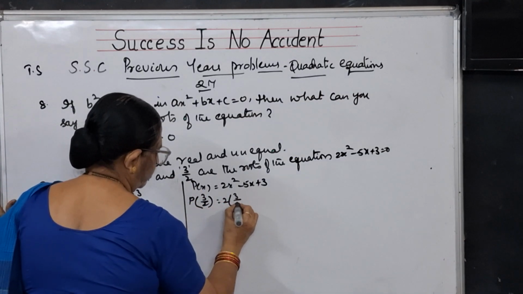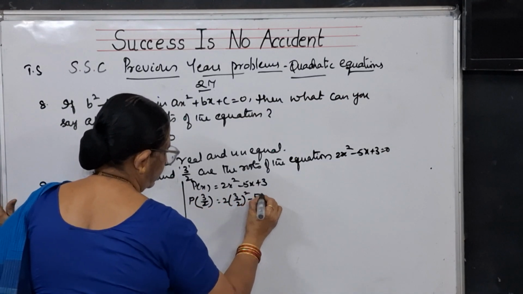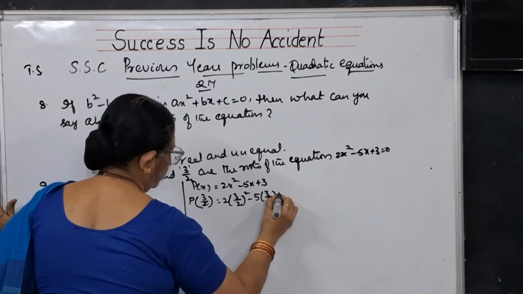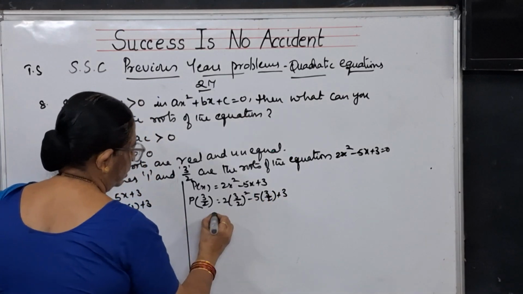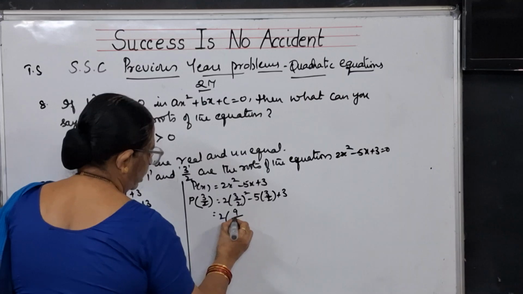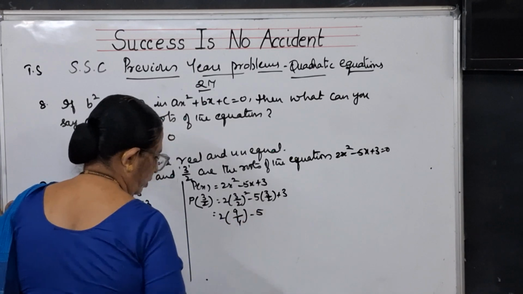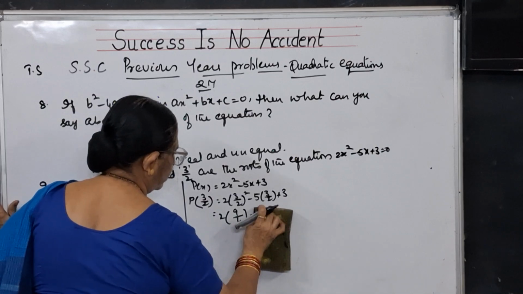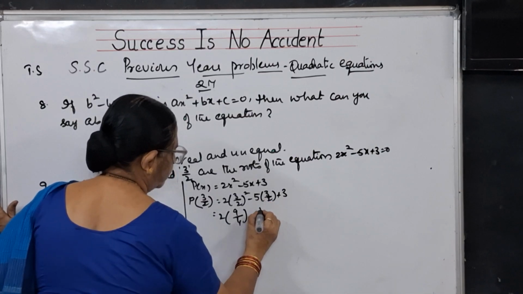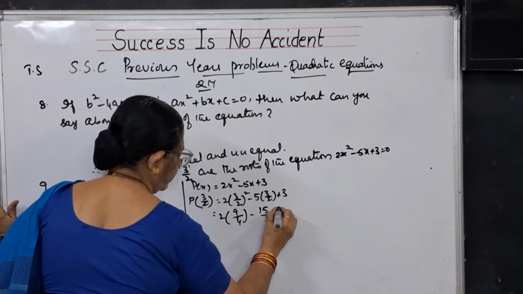So 2 into 3 by 2 whole square minus 5 into 3 by 2 plus 3. That is 2 into 9 by 4 minus 5 into 3 by 2, which I can write as 15 by 2, plus 3.